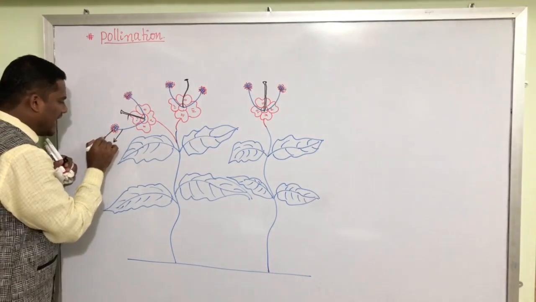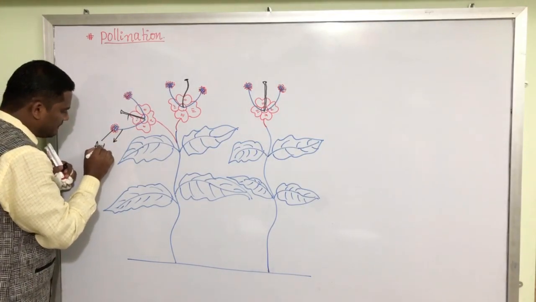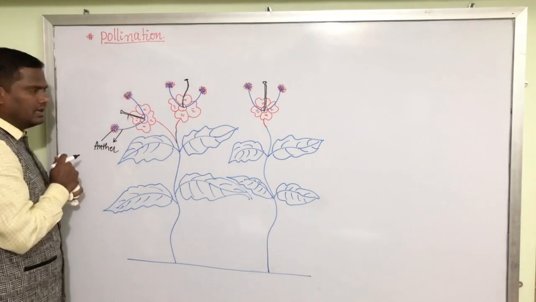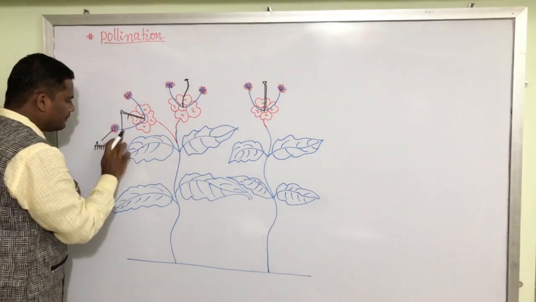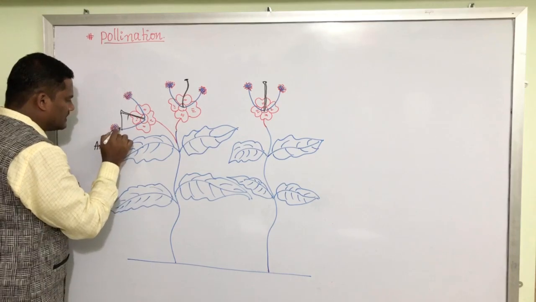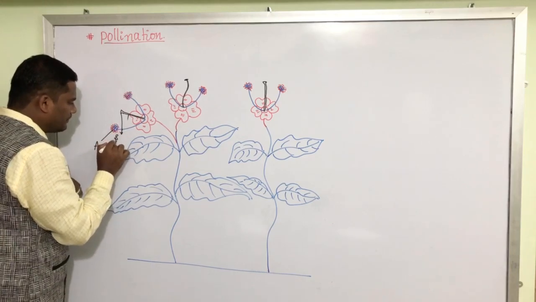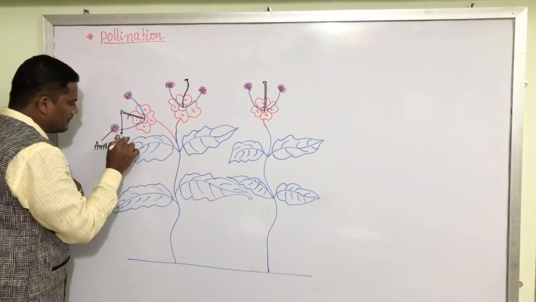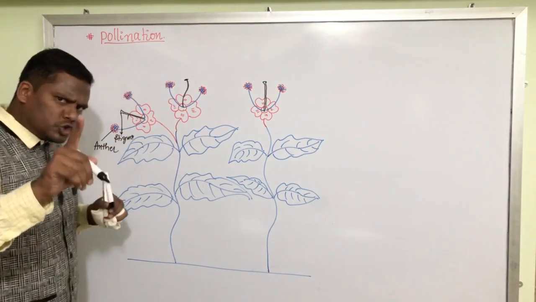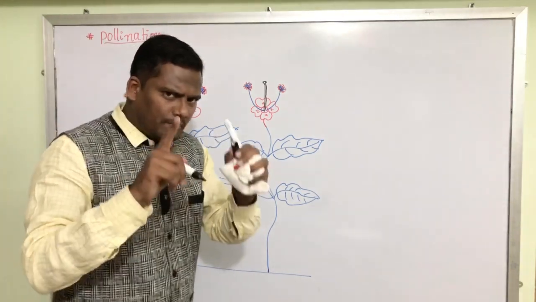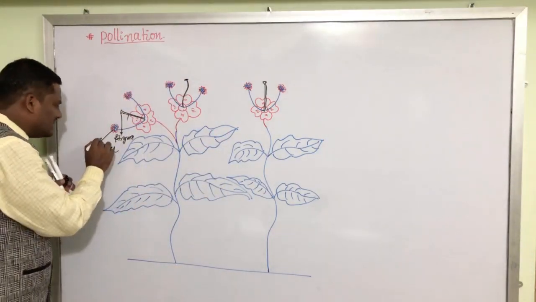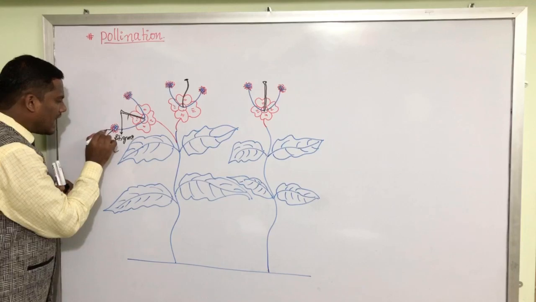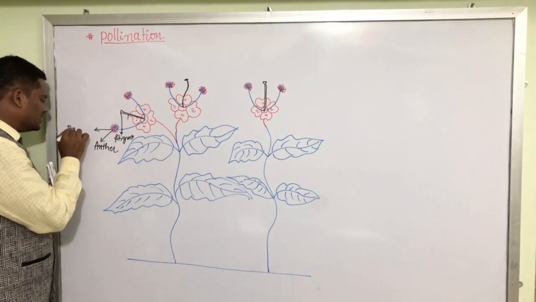This is the anther, my dear friends. Now this is the stigma. Stigma belongs to gynoecium, whereas anther is the most important part of androecium, because inside this anther we have the pollen grains.